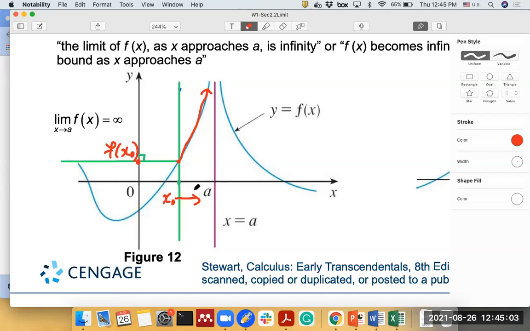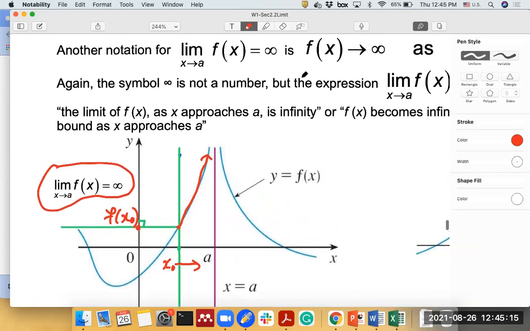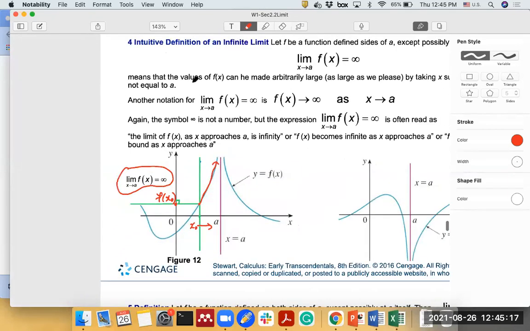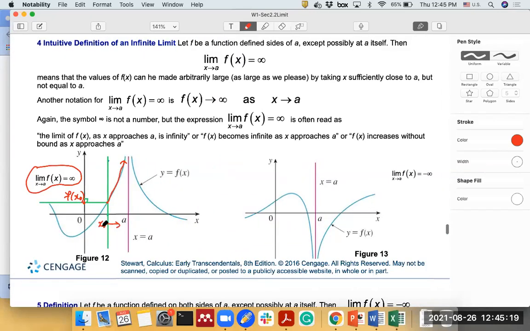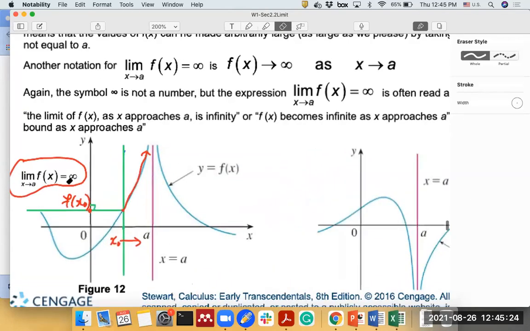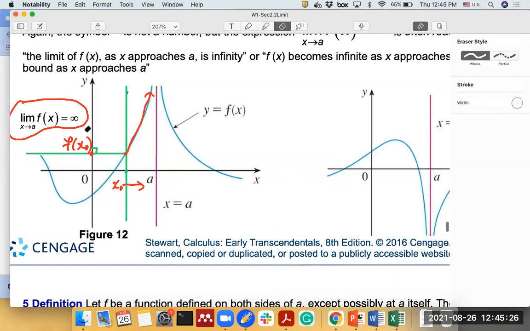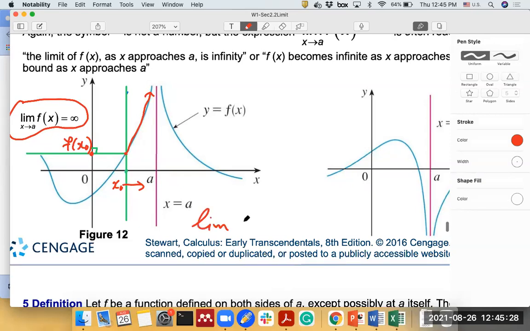And we see that if we continue to come closer and closer to a here, it will get bigger and bigger, go to infinity, and we call it the infinite limit of this function when x goes to the left side of a. Because it goes from the left side of a, therefore we say that the limit of f of x when x goes to the left side, what is it? Should it be minus or plus?